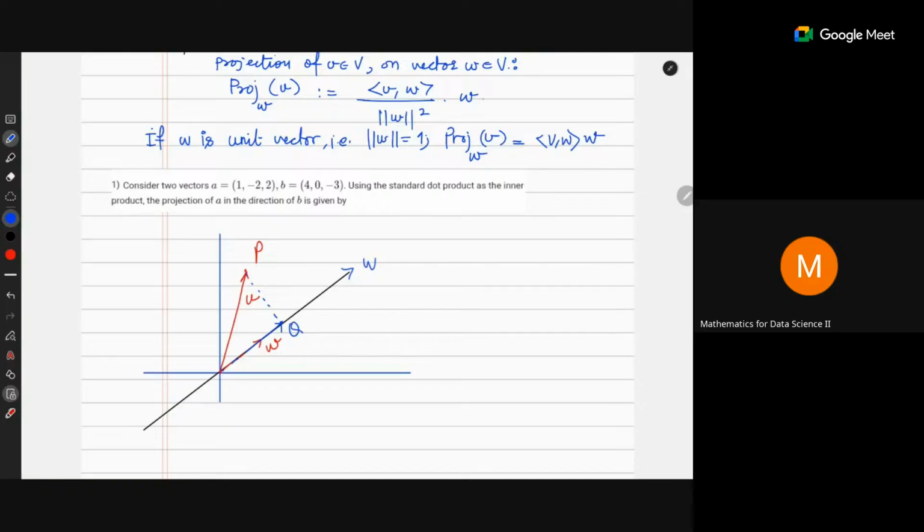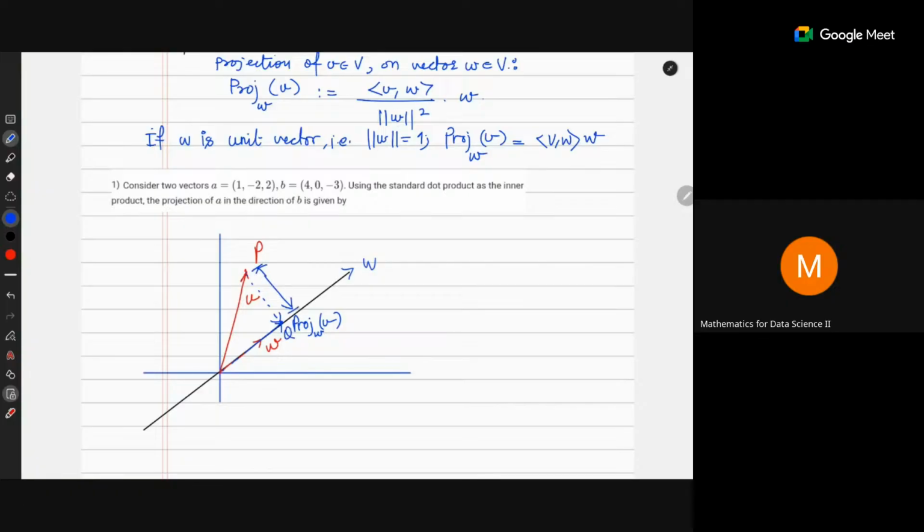Let's call that Q, the projection of V onto W. Now you have this vector and you have vector V. Now it's vector calculus. You need to find this vector.